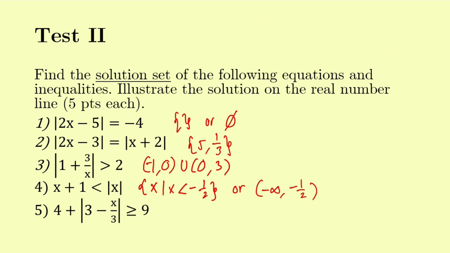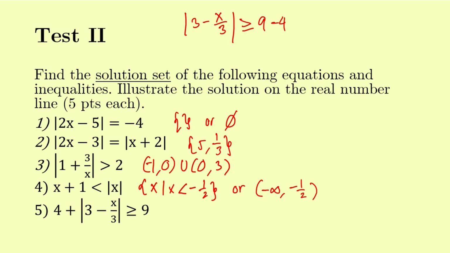For your last item, 4 plus absolute value of 3 minus x over 3 is greater than or equal to 9. How do we work on this? We will isolate yung may absolute value doon sa wala. So, lilipat sa kabila si 4. Absolute value of 3 minus x over 3 is greater than or equal to 9 minus 4.